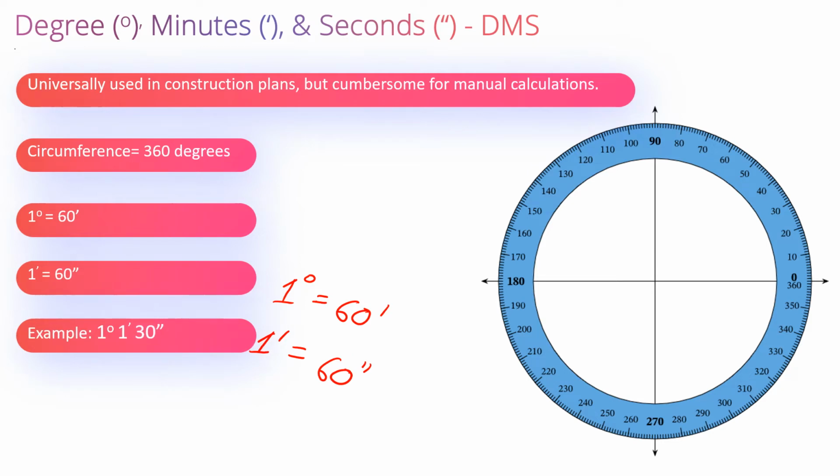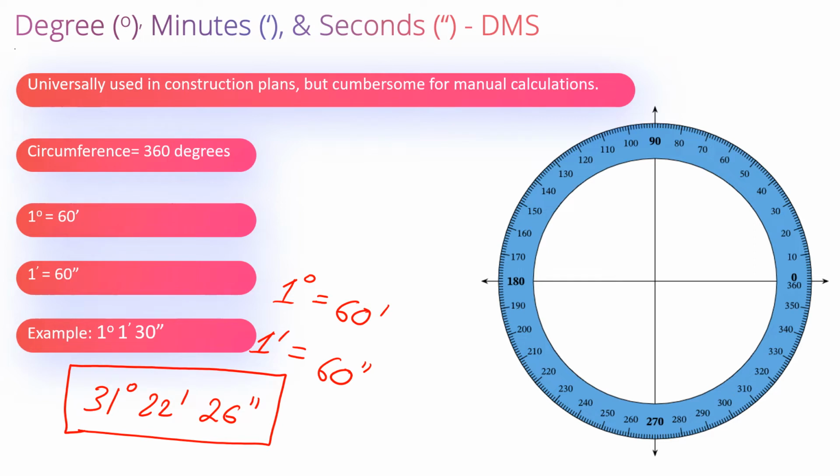An example of this is 31 degrees, 22 minutes, and 26 seconds. So this is how we write the angles after we record them from the total station or theodolite.